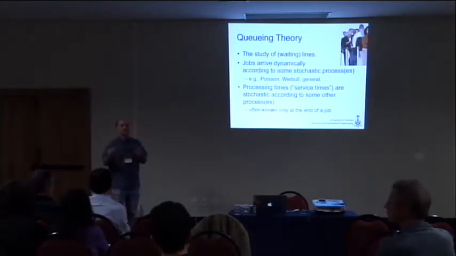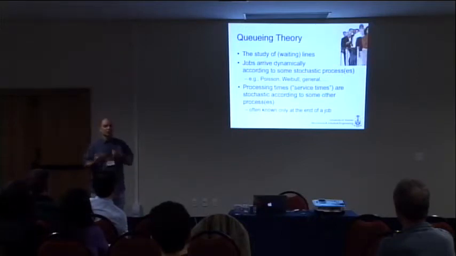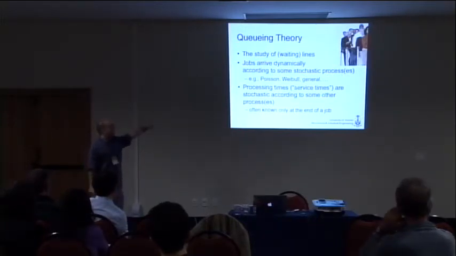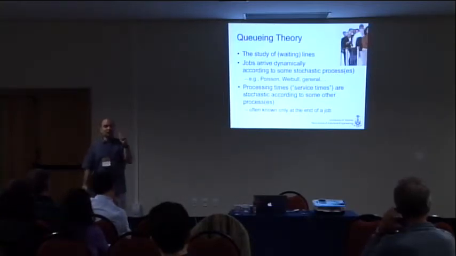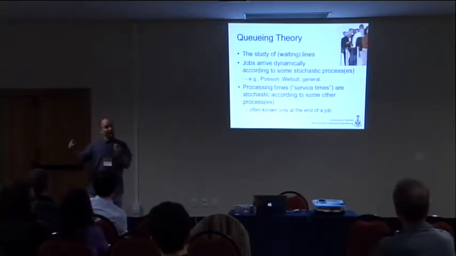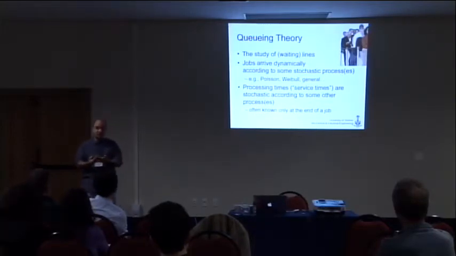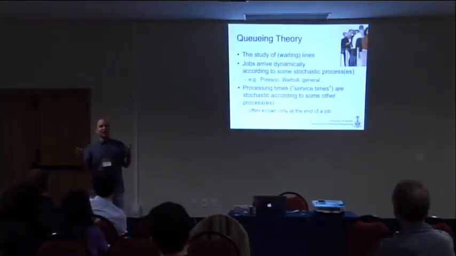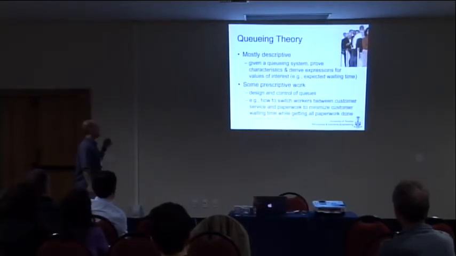So we might have different classes of jobs, and each class has its own distribution or rate. Often, the actual service times are not something you know to begin with. Your job arrives, and you don't know exactly how long it's going to take until the job ends. Typically, you do have some expected value because it's being drawn from a distribution that you know about, but you don't know how long it's going to be.